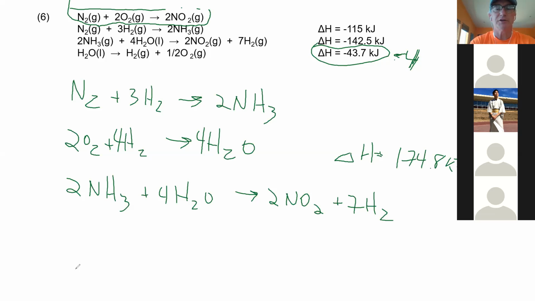The formation of water should be. We'll finish this out, but I think that's a mistake, and I'll go back and check on it. According to this it should be positive, but I think that's wrong. This number here should be positive, because when you split water into hydrogen and oxygen, that takes energy.